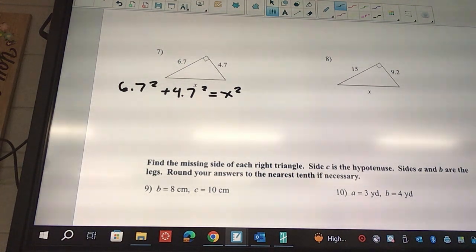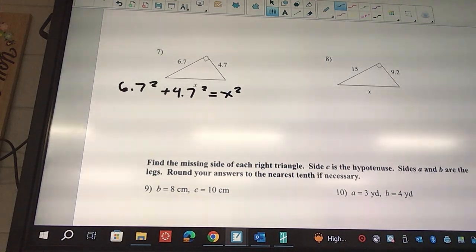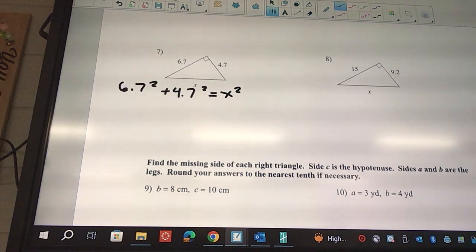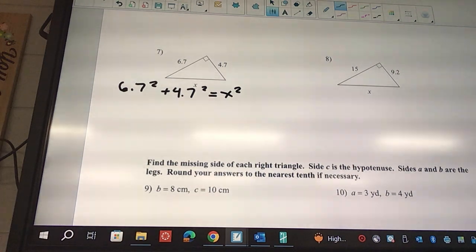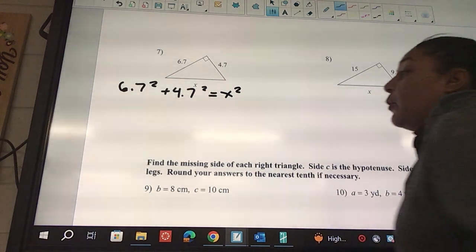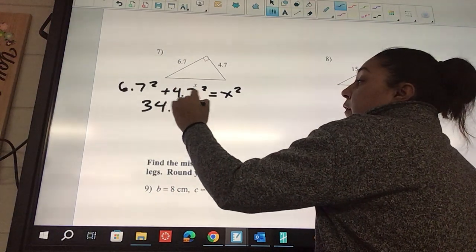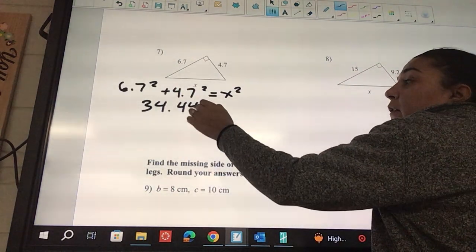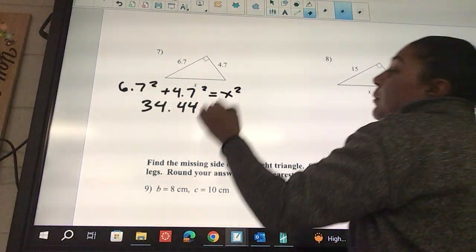Okay, what is 6.7 squared plus 4.7 squared? 44.89.